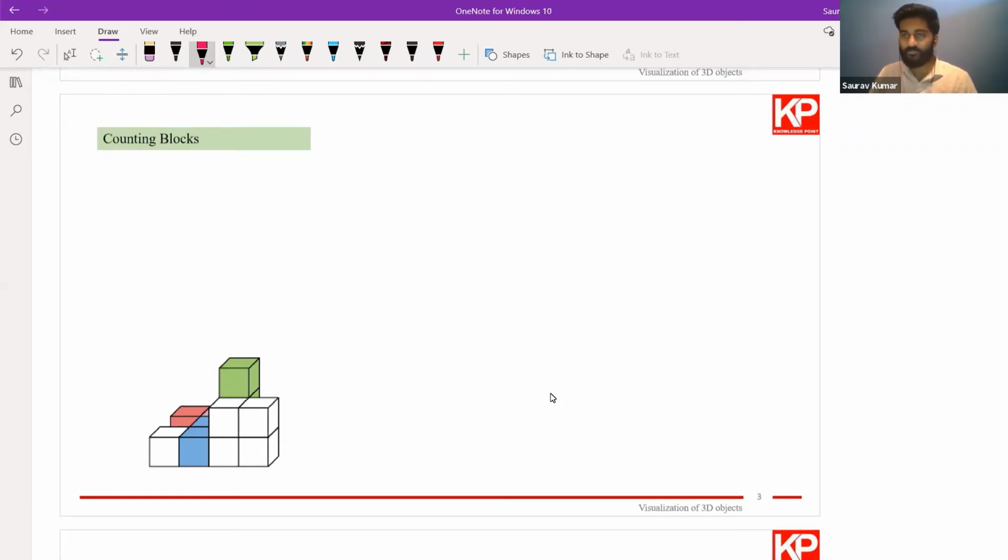Either the 3D object will be given to you, or only the name will be given to you, and you need to identify through the name which 3D object it is, and then count all the requirements. In the counting blocks part, there won't be any statement kind of question. There will always be an arrangement of blocks given to you. So we can say the 3D object will be given.